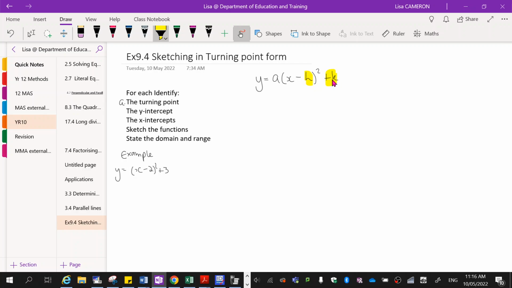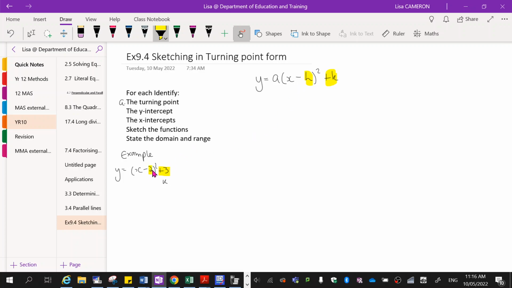Now notice k has a plus in front of it. So here, that also has a plus in front of it. If that was a negative, then k would be negative 3. So k is just whatever it is. So this one here represents k. This one here, though, is special. That has to have the negative in front.